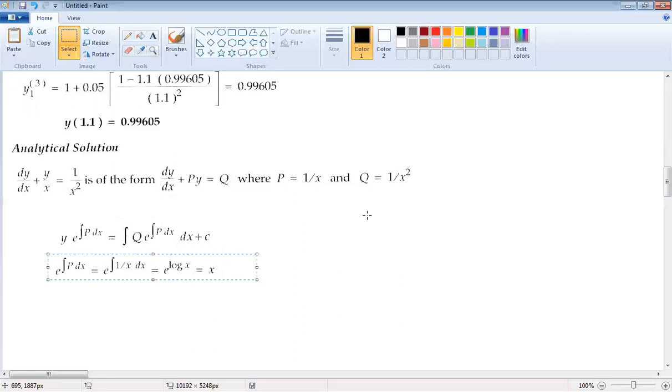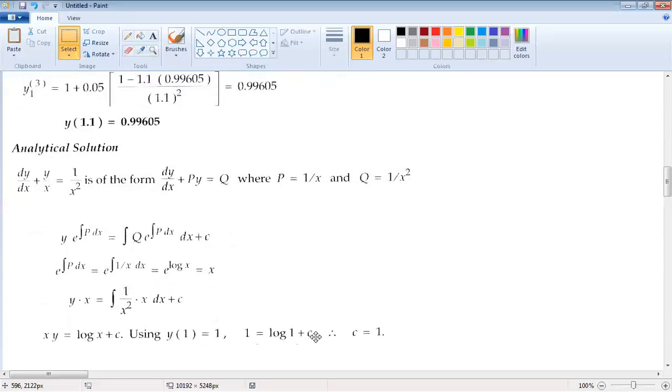Substituting this in the formula, we get yx is equal to integral of 1 by x square times x. So x square and 1x will get cancelled. So integrating, to simplify, we get integration of 1 by x is equal to log x.